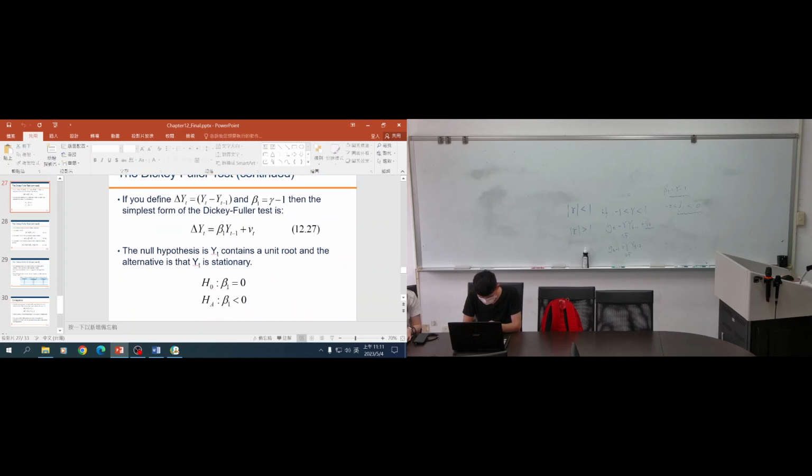So if this is called non-stationary, and this is stationary. We want to test, we like to have the result that it is stationary. So we like to reject the null hypothesis.